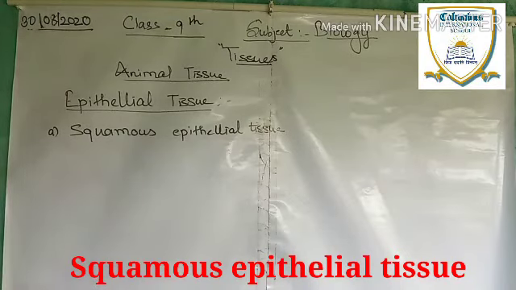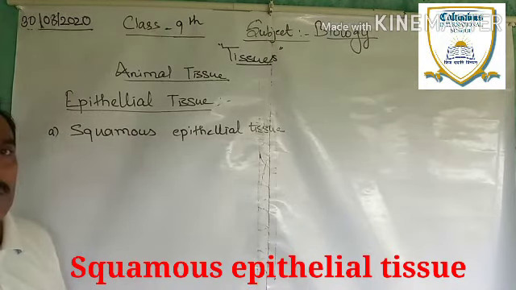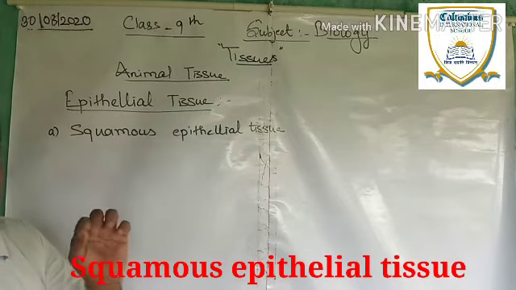It is cube-like. It is a bit porous, and hence it is assigned with the function of secretions of the enzymes or the hormones. Now, one thing you should care about is that this epithelial tissue is made up of cells which are compactly, very tightly packed to each other and having very less cementing amount between them.